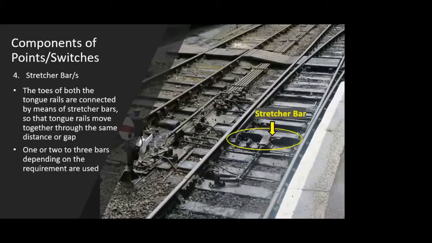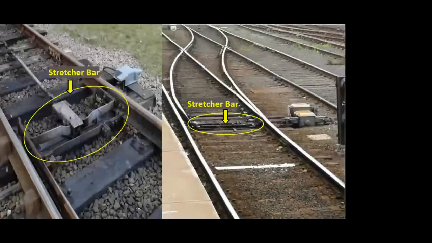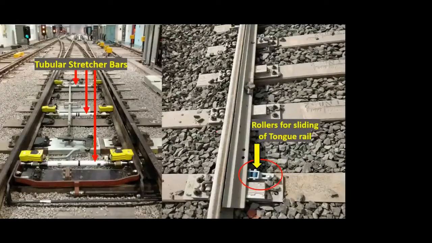Sometimes a plate assembly, and then a mechanism which uses either a pulley assembly or a wire assembly to operate the stretcher bar. As in the right side image, there is an electrically operated stretcher bar, and the recent development is hydraulically operated tubular stretcher bars or rollers over which your tongue rail simply slides.